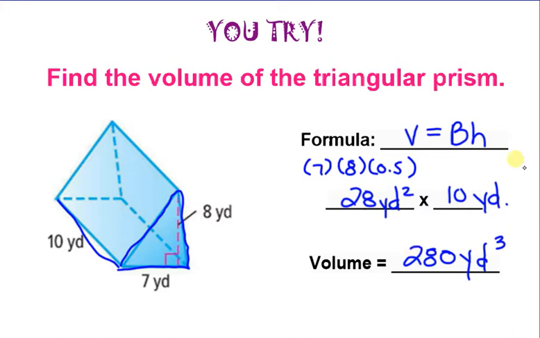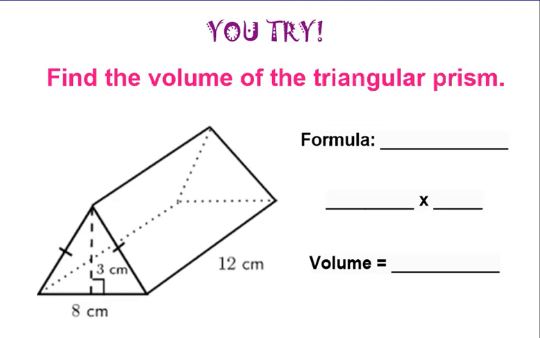If you are done, you should have your formula is volume equals capital B times the height. So the area of the base here is going to be 7 times 8 times 0.5, or divided by 2 if you do that. Either way, you should get 28 yards squared, and then multiply that times the height of the entire prism, which is 10, and you should get 280 yards to the third power. Okay, go ahead and try the next one as well.